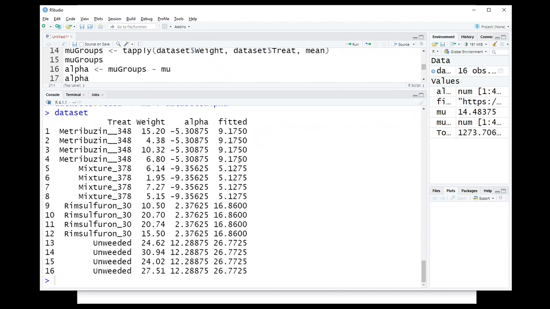Okay? The fifth observation was treated with the mixture, and it was 6.14, but without the effect of errors, it should have been 5.13. I hope the reasoning is clear.